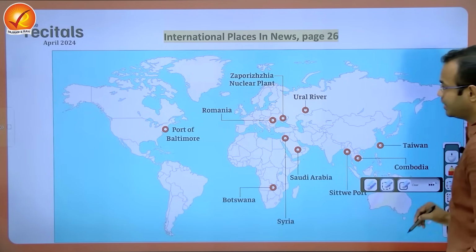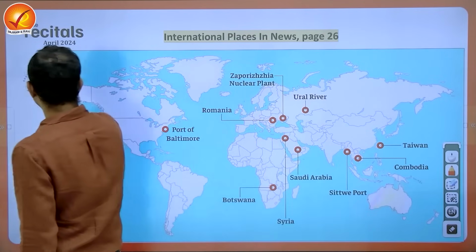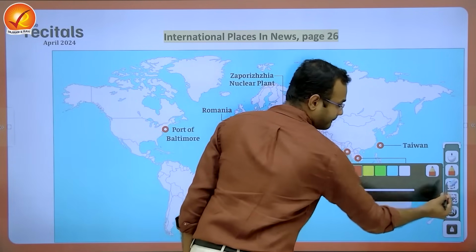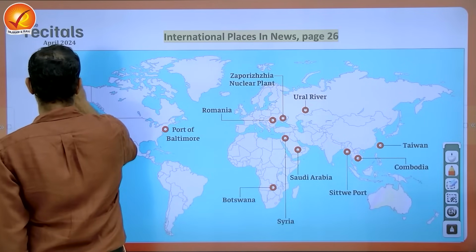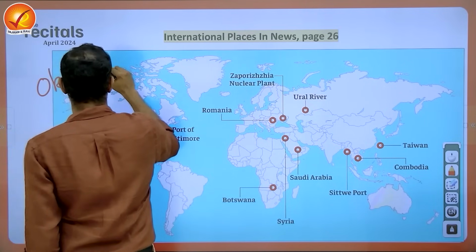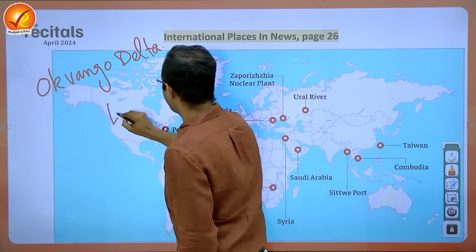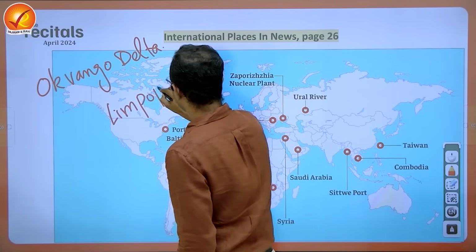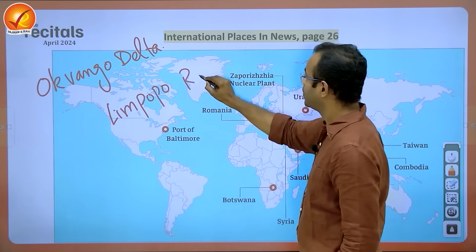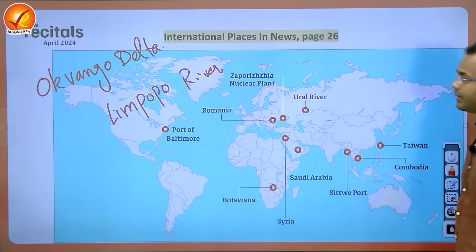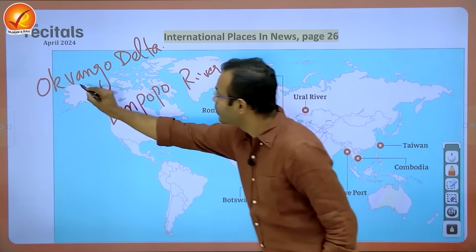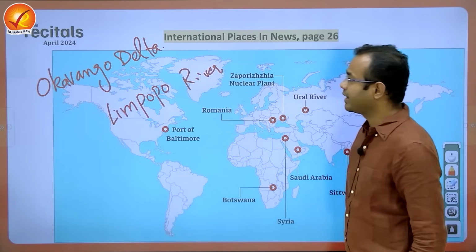The other important geographical features include the Limpopo River Basin and the Okavango Delta.